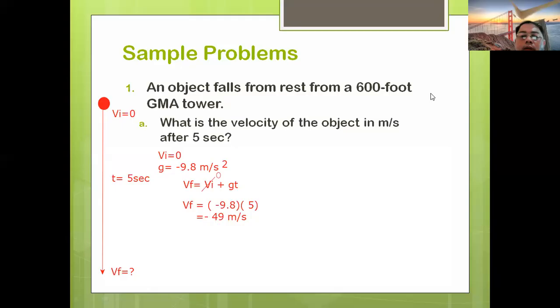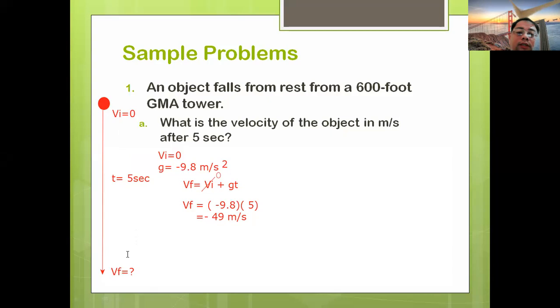Okay, so multiplying negative 9.8 by 5 gives you a value of negative 49. So once the body falls from the top of our tower here, it will accelerate very, very fast, and upon reaching the bottom, you will have a value of negative 49 meters per second. Now, why is the final velocity negative?